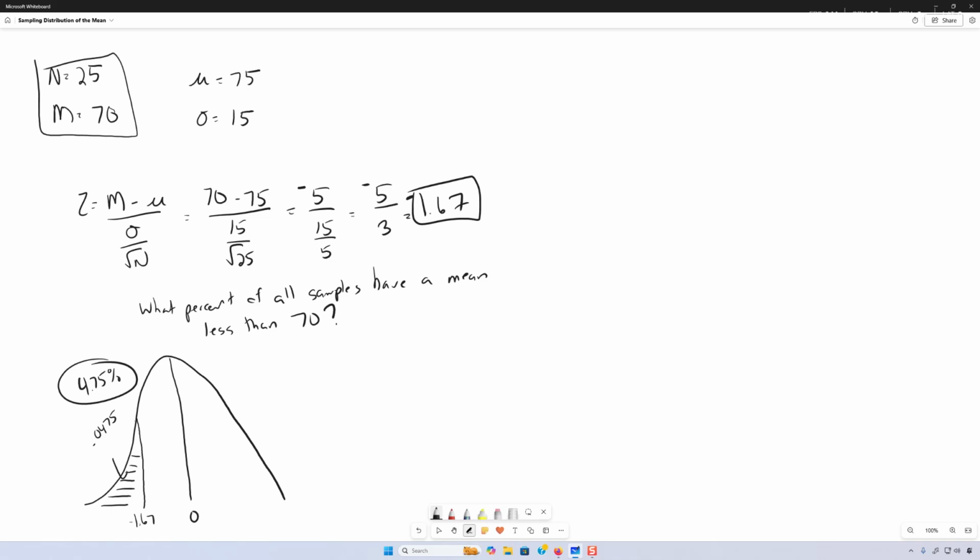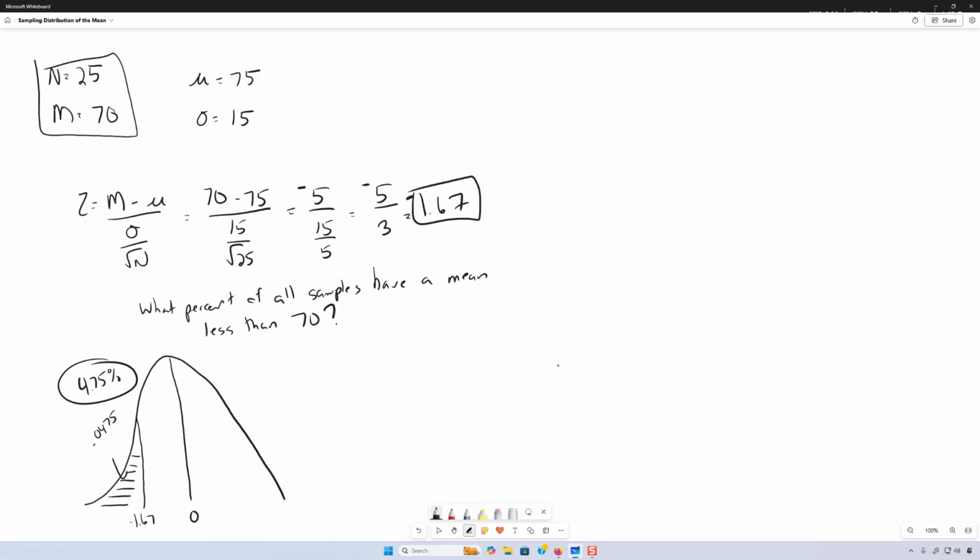If I want to ask what percentage of scores are greater than this, I would just do 100 minus 4.75. And you do this the same way you did the one sample test, same table. Now, when we get to hypothesis testing in more depth, we're going to be talking about rejecting the null hypothesis.